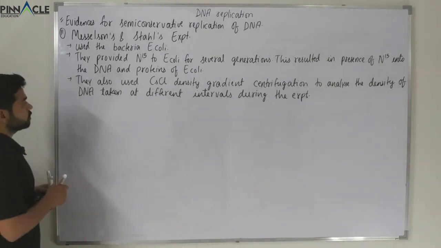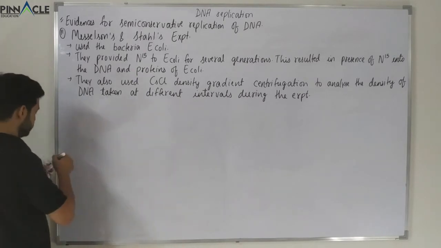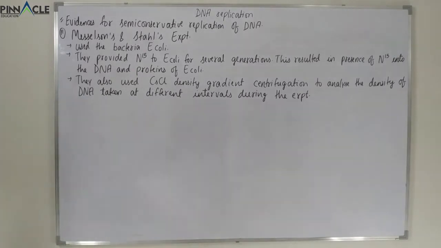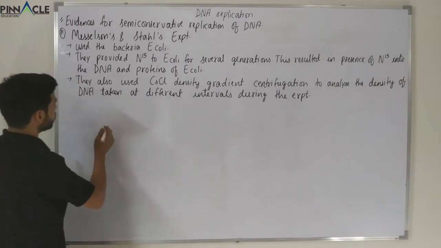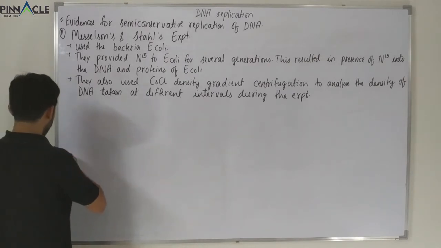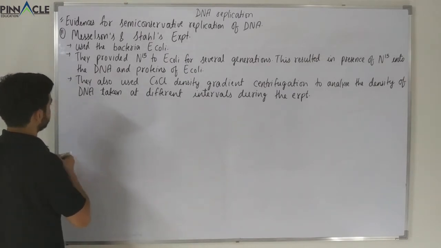So what they did was N15. The normal DNA that they took was N15 and N15.